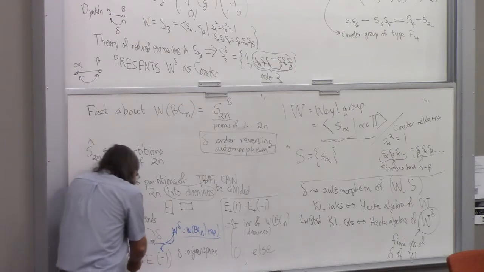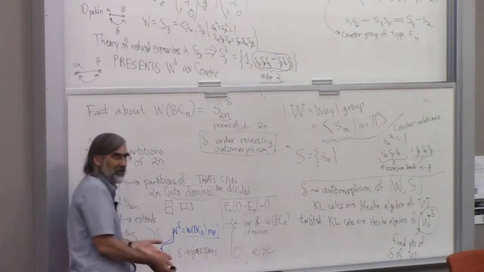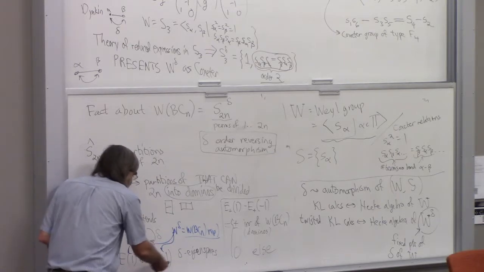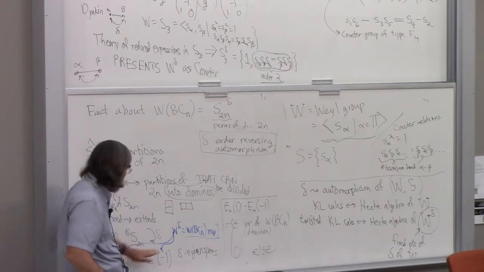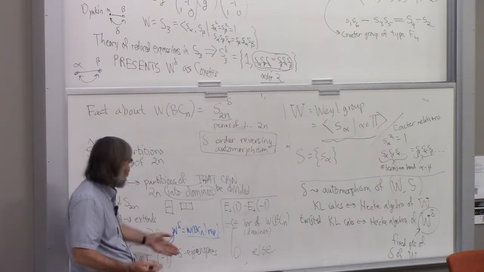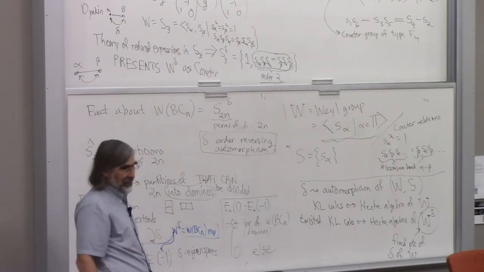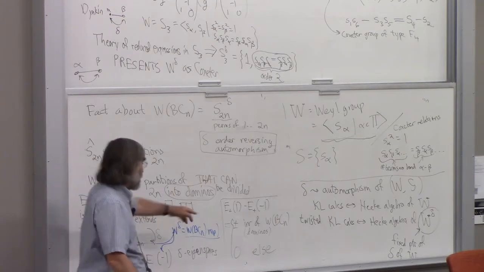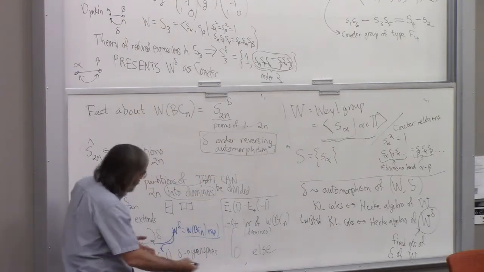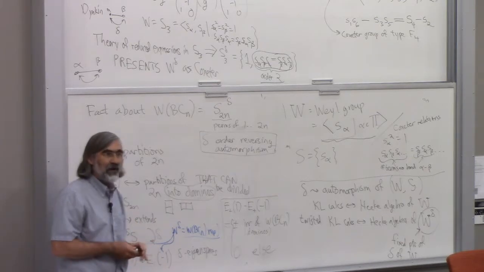Since delta commutes with WBCN, WBCN acts on each of these spaces. So the difference of those 2 spaces becomes a virtual representation of this group, and it's plus or minus irreducible in this domino case, and it's 0 otherwise.